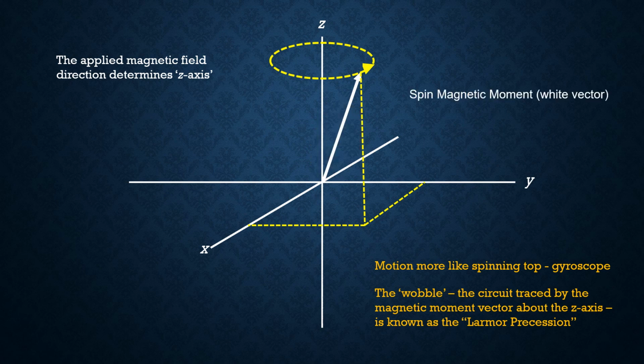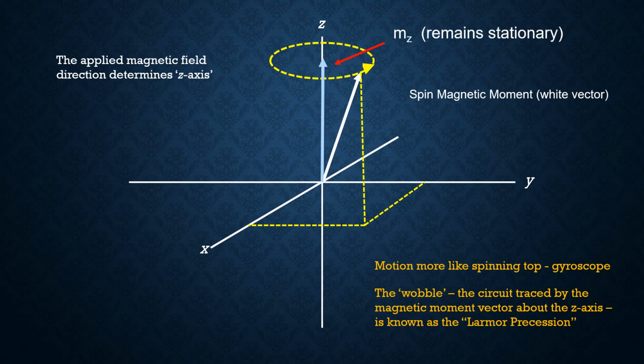If we now take away the solid rigid body and look at a more simple diagrammatic representation for the spin, we can represent the magnetic moment as the arrow, a vector. So in this case, it'll be this white vector in the cartoon.